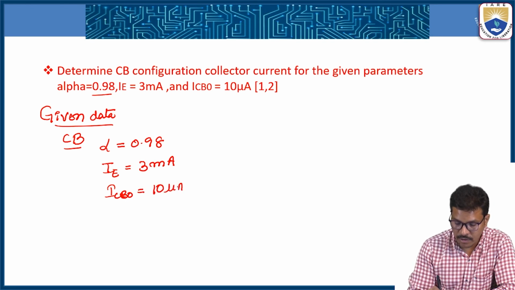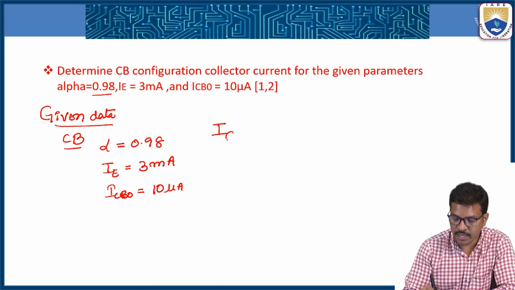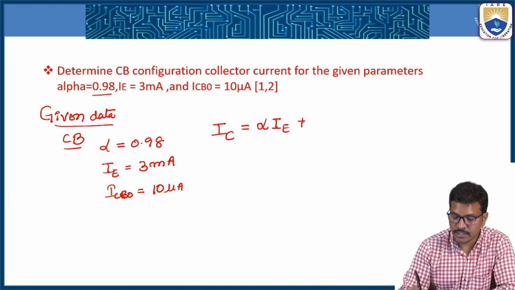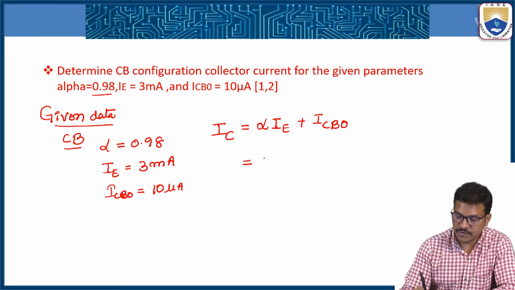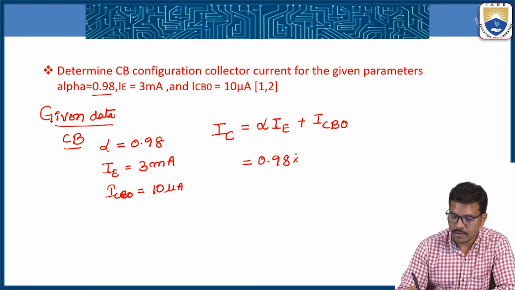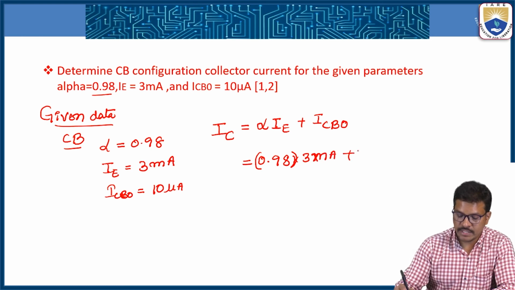So when we take the formula for collector current in common base, IC is equal to alpha IE plus ICBO. All are given, so it is a direct formula. Alpha is 0.98 into IE equal to 3 milliampere, plus ICBO 10 microampere.